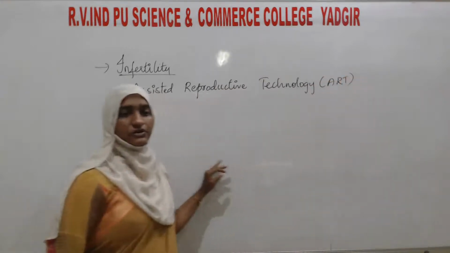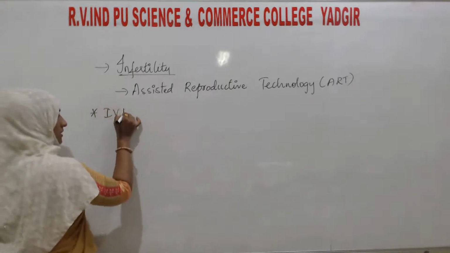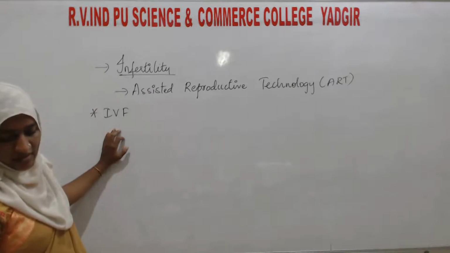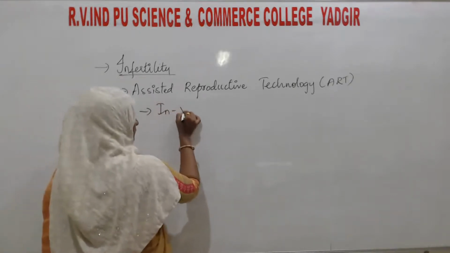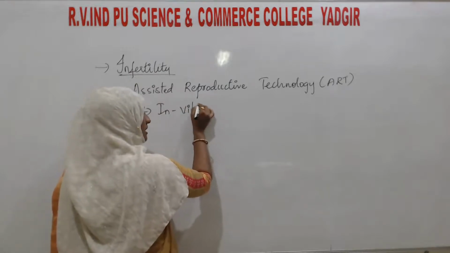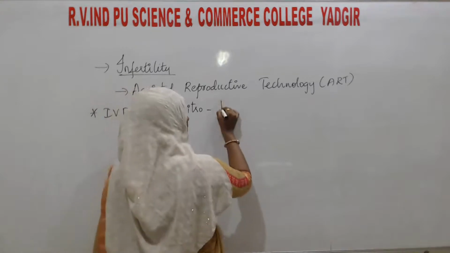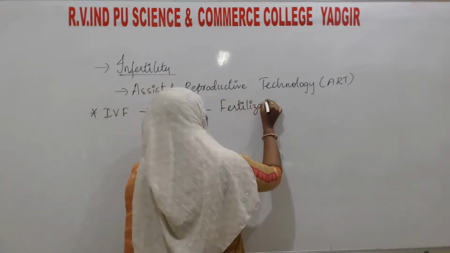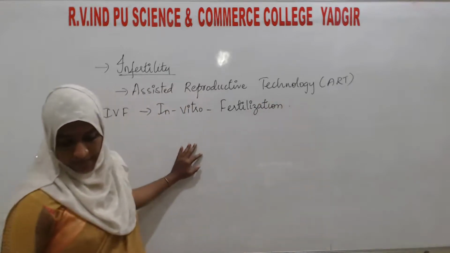Among these, the first one is IVF. What is the full form of IVF? That is in vitro fertilization. What is the meaning of in vitro? It means outside the body. In vitro fertilization. Fertilization takes place outside the body.